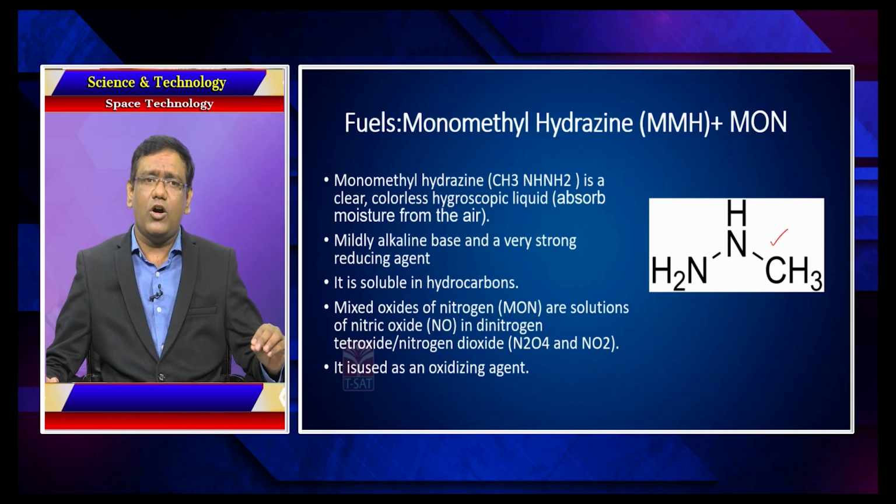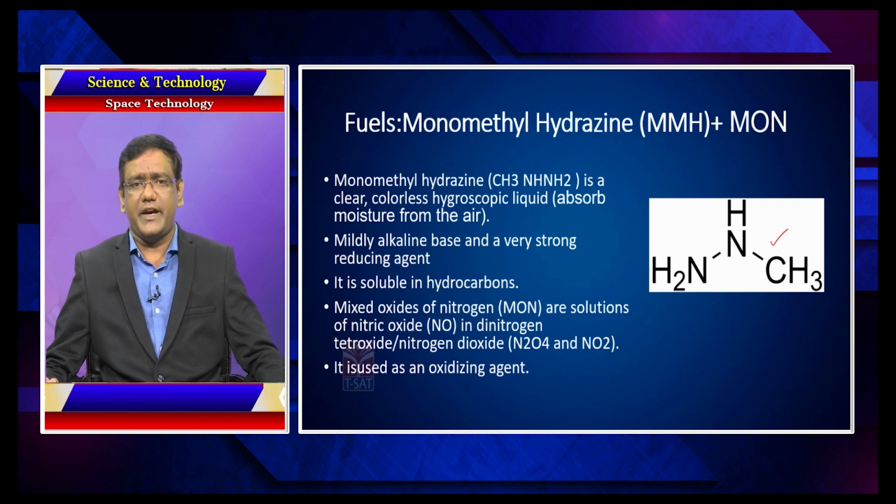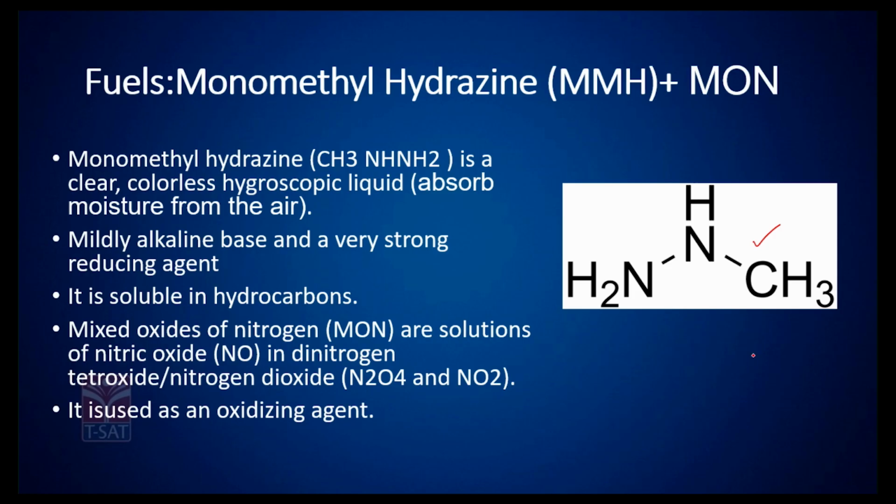The mixed oxides of nitrogen, that is MON, are solutions of nitric oxide in dinitrogen tetroxide or nitrogen dioxide, that is N2O4 and NO2. This is mixed with MMH, and these two become the fuel, or we can call it a propellant. It is used as an oxidizing agent.